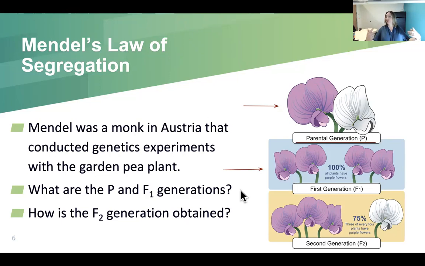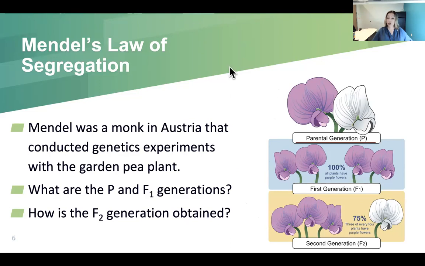The parental would be like your parents, the F1 would be you, and then the F1 reproduces to give you another set of offspring that we call the F2, which would be like your kids. So it would go parents, you, your kids. Three generations. When we do genetics experiments, we call it the P or parental generation, the first generation or F1, and the second generation or F2.